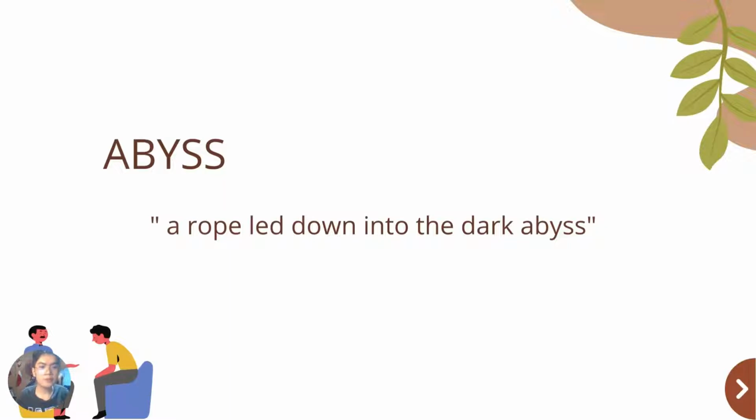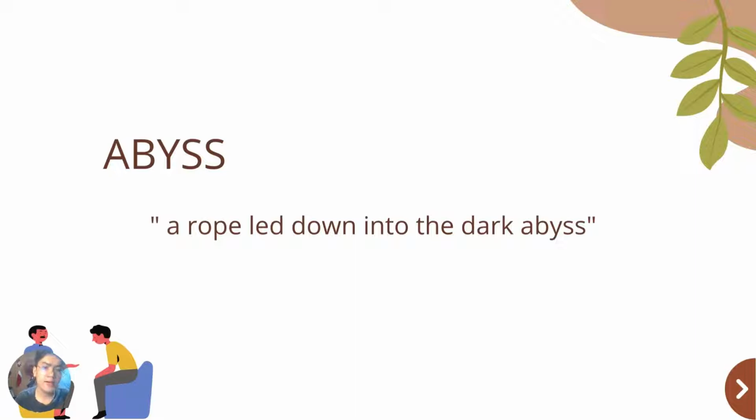For example, the word abyss. If you don't know the word abyss, you do not define it by just looking at the structure of the word. No, we define the word based on the function that is given in a sentence.